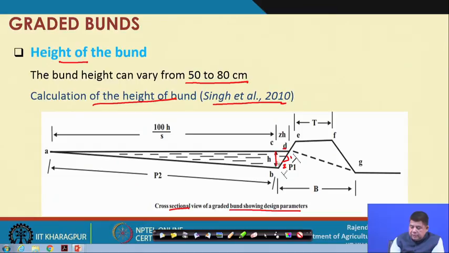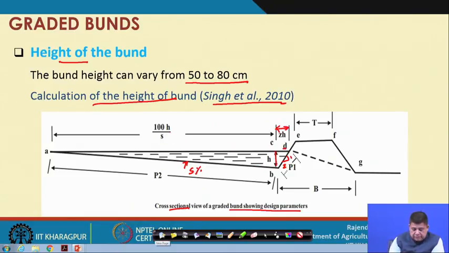So, if this is H, then this becomes ZH. Similarly, this is S% slope, or S by 100. So, for H this length will be 100 H by S, because the slope is S%.